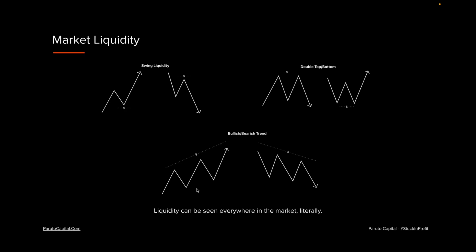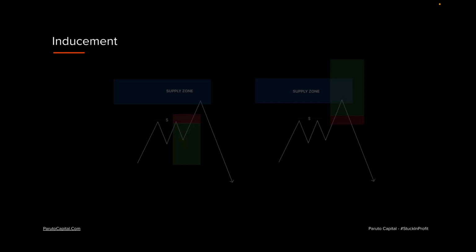That creates the liquidity pools where you have liquidity. And the same for the bearish trending market, where you have all the tops and the highs that drive price down. That tells you that a lot of liquidity lies around those areas. We're going to be piecing all of this together so that you have a good grasp of what this means in the market.